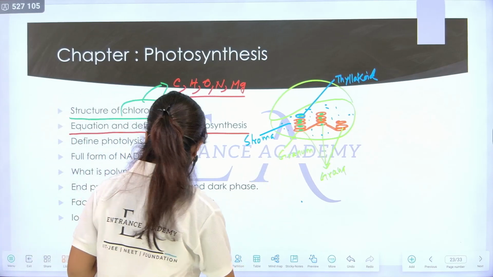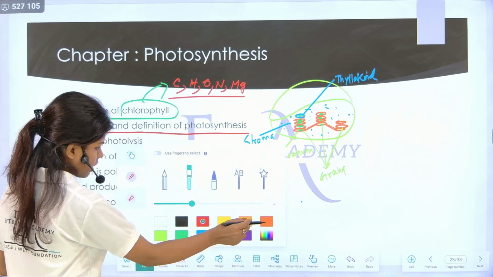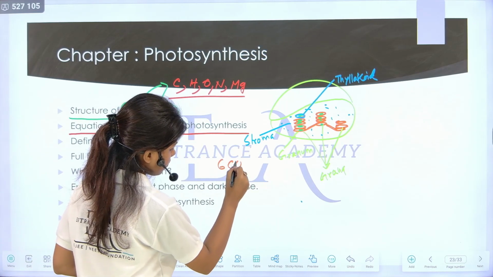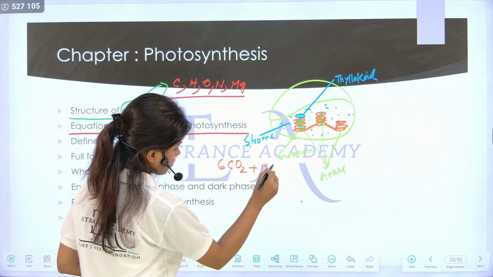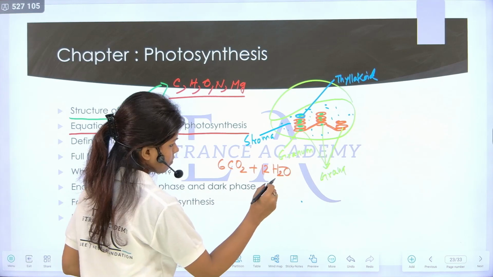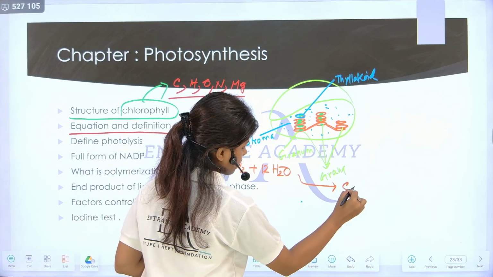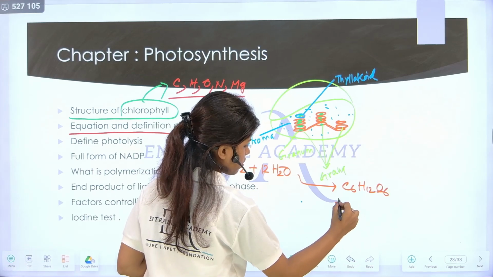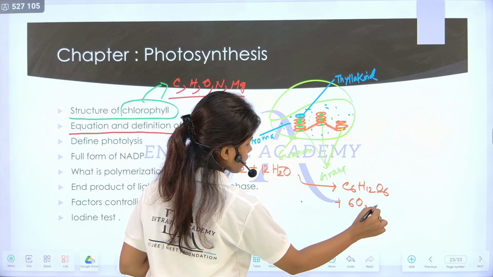And what is the equation of photosynthesis? The reactants are carbon dioxide and water, and the products are glucose, oxygen.